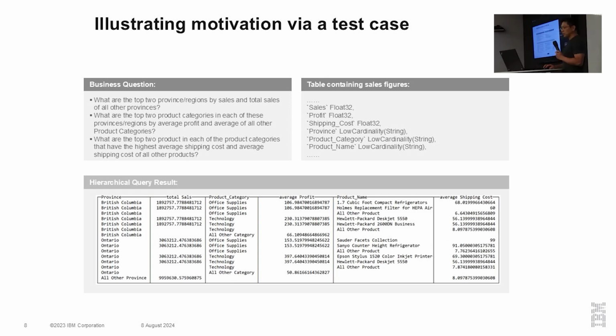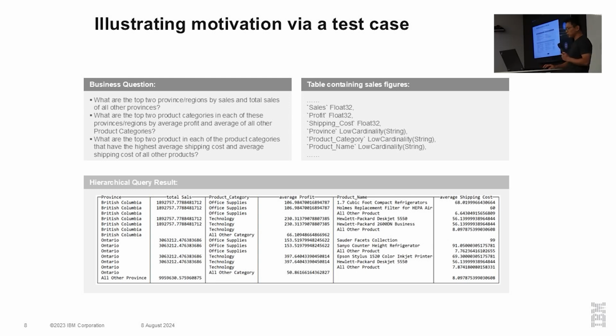Another question at the same time could be: what are the top 2 product categories in each of the top 2 provinces? The third question is: what are the top 2 products in each product category? You see, this is a hierarchical question.